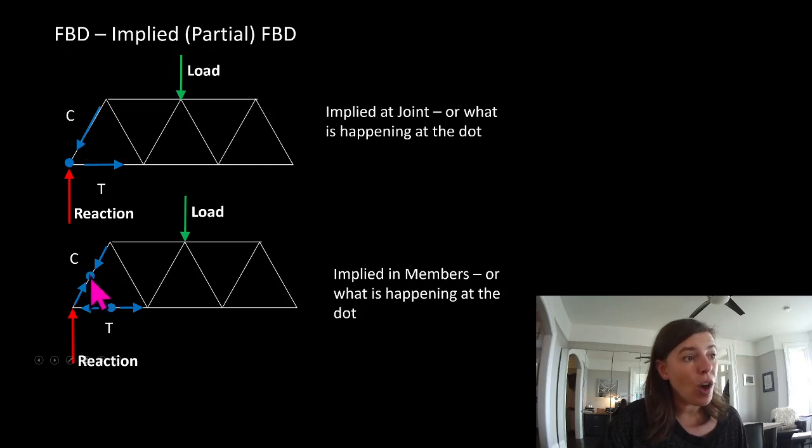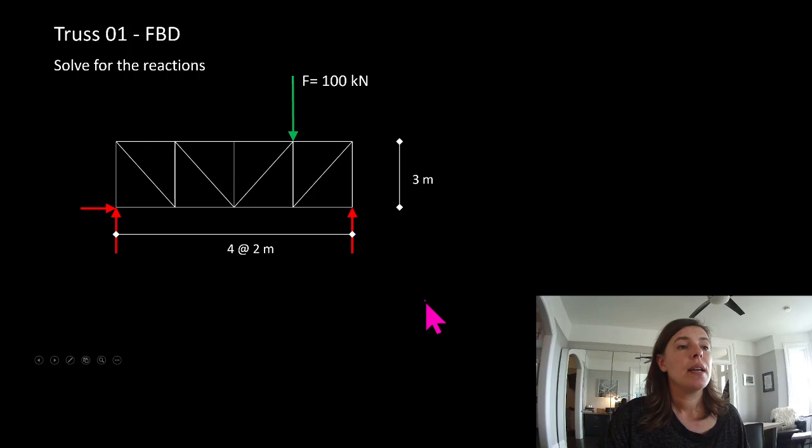If we made the dot right here, or we cut in that member, if we drew the arrow towards the dot, it would be compression. And same thing here, if this was the dot and we drew the arrows away from the dot, it would be in tension. So these are implied forces at a joint or a member.